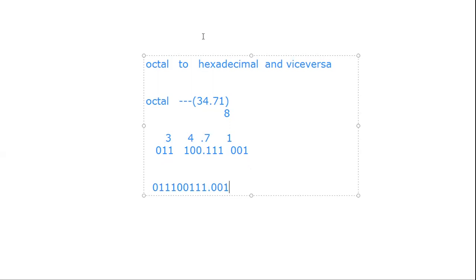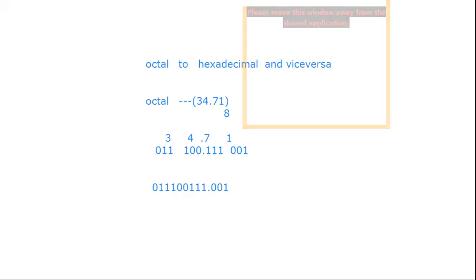For the given 34.71 octal number, this is the equivalent binary. Now this will be converted into hexadecimal. So how to convert to hexadecimal? One bit in hexadecimal is equal to 4 bits in binary.